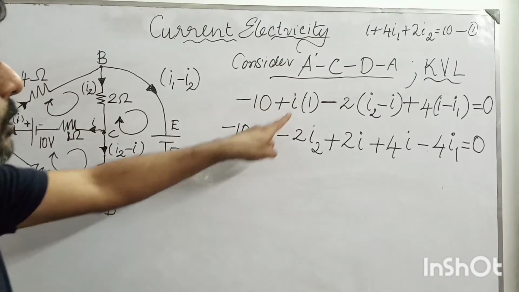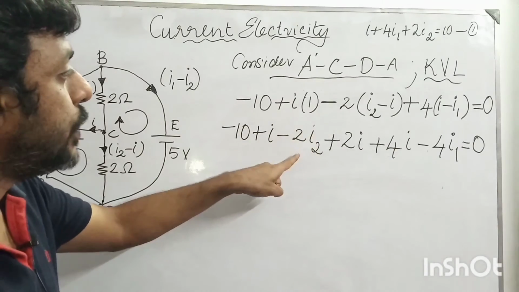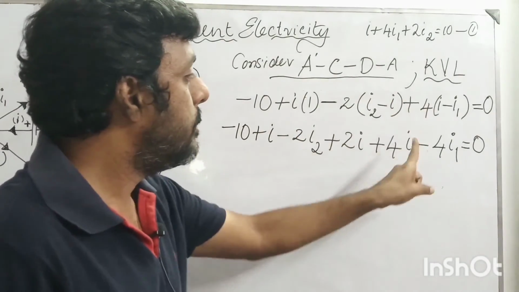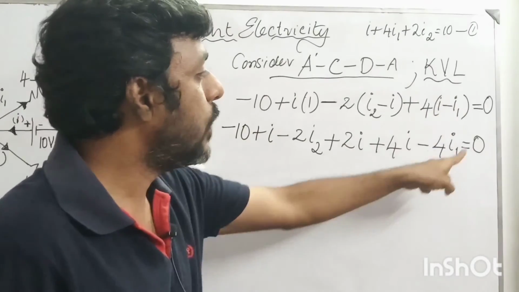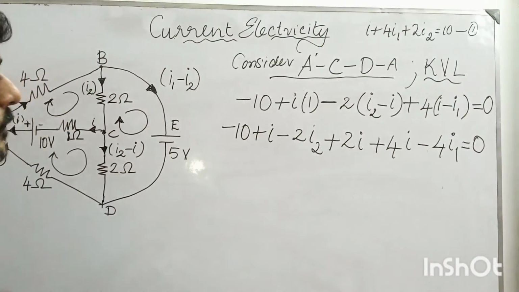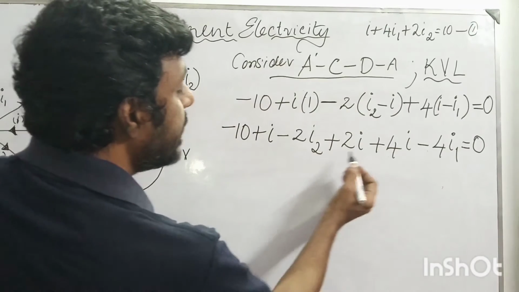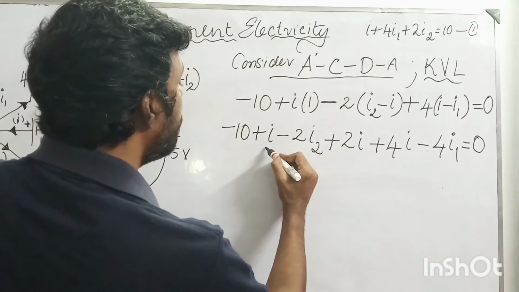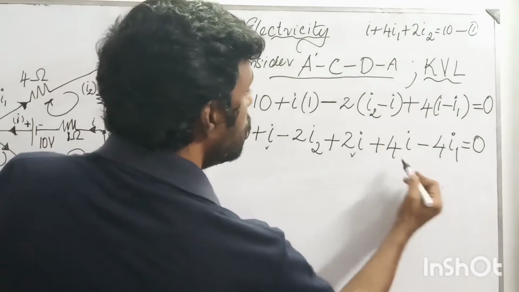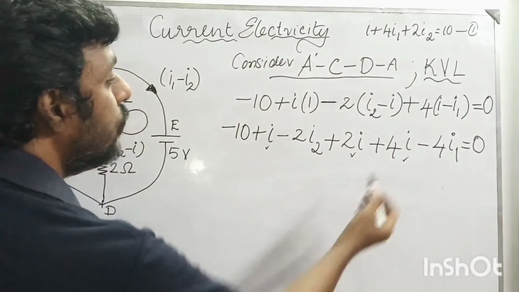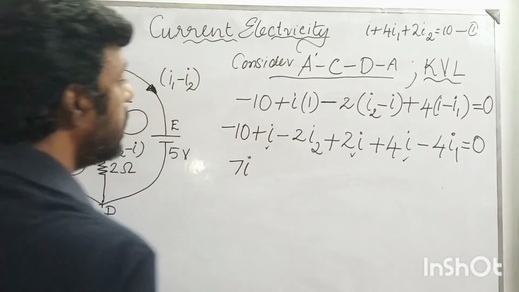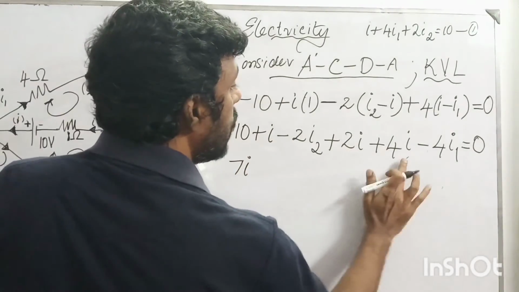Right? Now again, take the I terms. How many I terms do I have? 1, 2, 3, 4, 5, 6, 7. You have 7I.